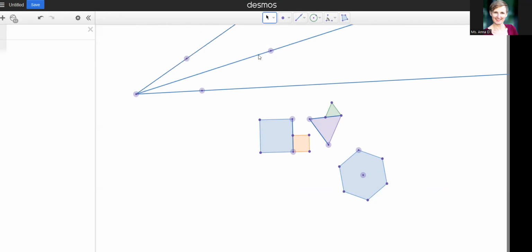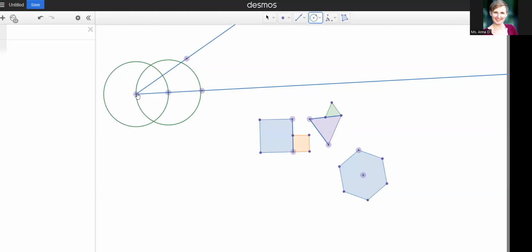There should be a specific method for it. Again, using circles, I will construct angle bisect. And I realize that I'm showing it and it could be fast, but feel free to pause this.